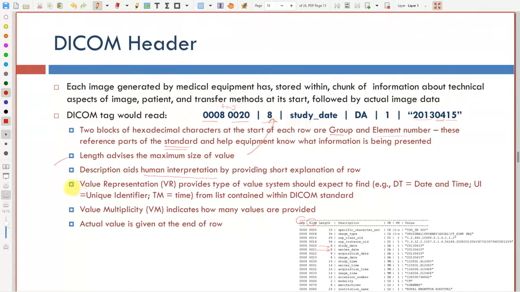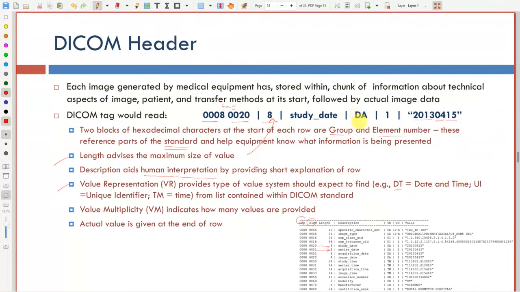You have value representation. Basically, it means the type of value system that you'd expect to find. It's like when you're working with Excel, for example, you're able to change the format of a certain cell. For example, like a date, like a percentage, like a decimal number, and you can specify a certain number of digits, things of that sort. Here you have things of that sort here. So basically, if you have DT, it's date and time.